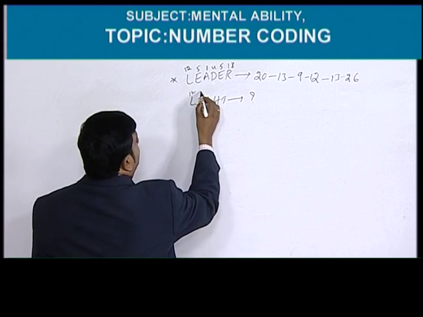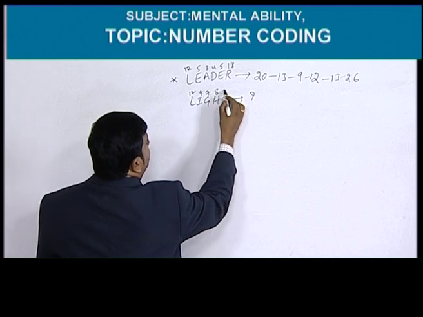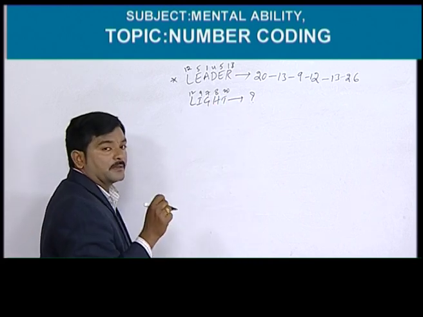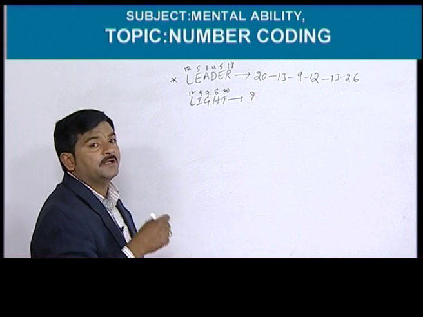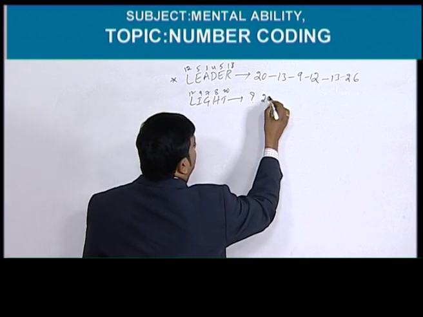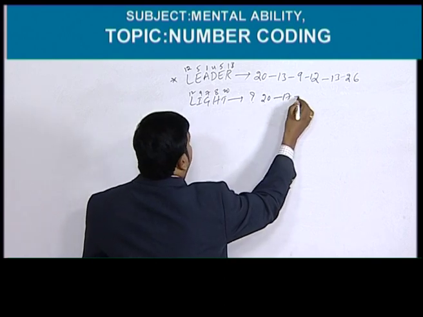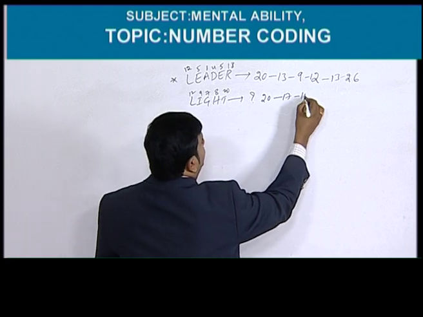L means 12, I means 9, G means 7, H means 8, T means 20. Add plus 8 to each and every letter. Now what you will get? For example, 12 plus 8, again 20. 9 plus 8, 17. Similarly, 7 plus 8, 15.